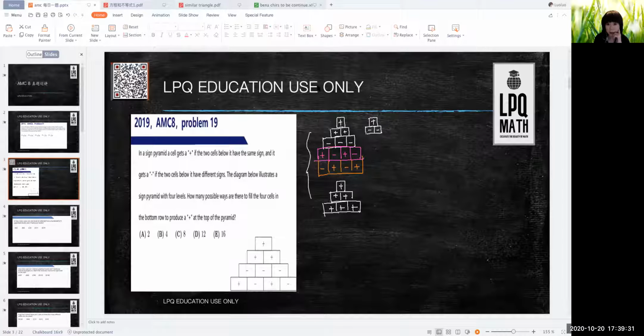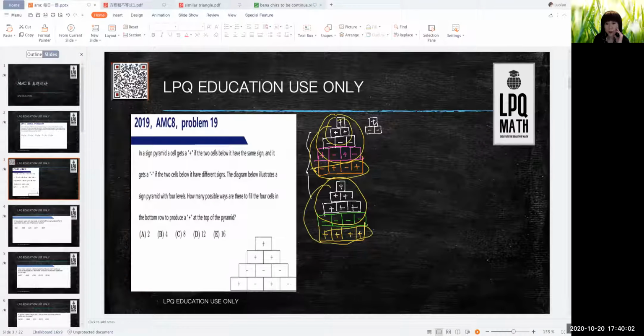The other option is if the third layer is positive, positive, positive, the fourth layer could be positive, positive, negative, negative, or negative. We can also have positive, correct? So actually we have 1, 2, 3, and 4.